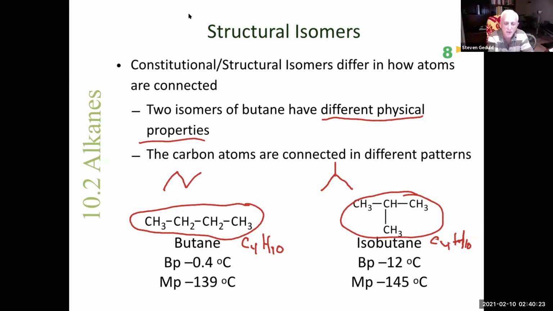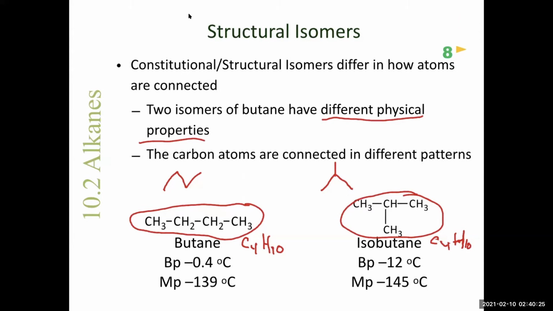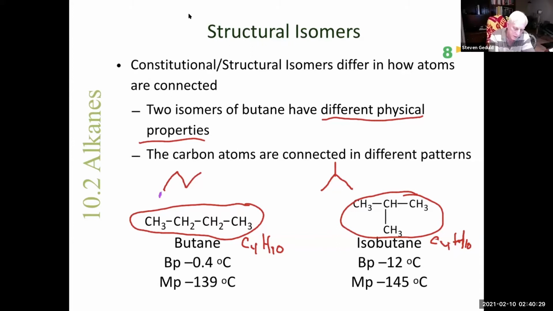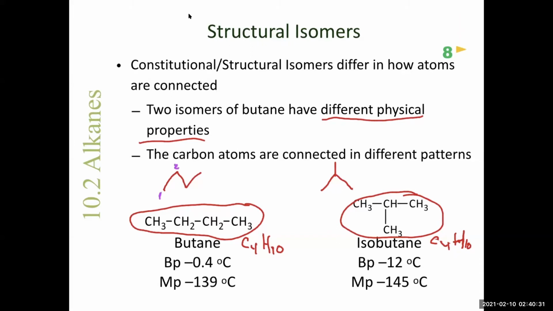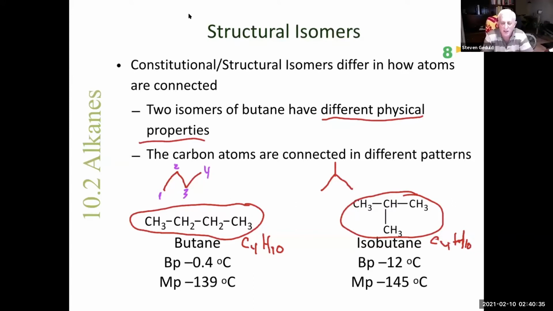It's 3 carbons. Remember, every end is a carbon. So there's 1 carbon here, 2 carbons, 3 carbons. That's this chain right here. And there's that methyl group attached. That's your 4th carbon right there. No, you're fine. That's why I asked. I like questions.